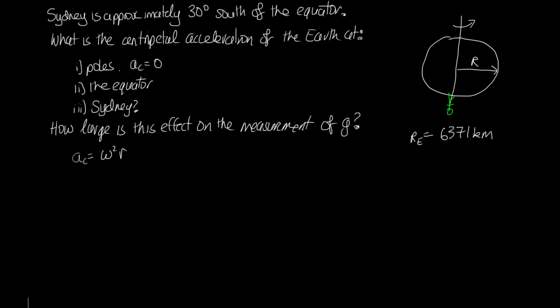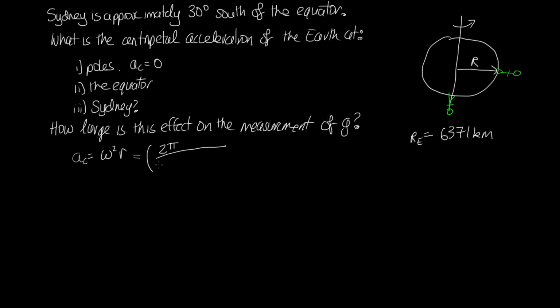Now at the equator, the person is standing here, and so they're tracing out a circular path with a radius equal to the radius of the Earth. So we are going to have to use this equation and substitute in. Omega in this equation is the angular velocity, and we know that the Earth rotates once a day. When it rotates, it goes through a total of 2 pi radians, and angular velocity is typically given in radians per second.